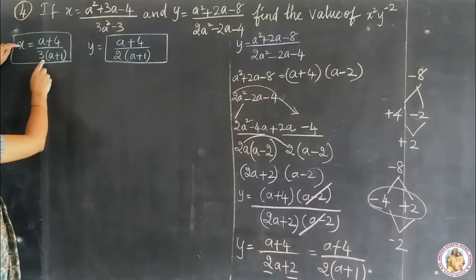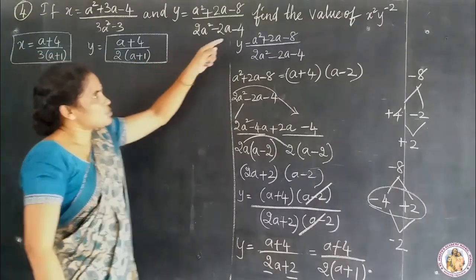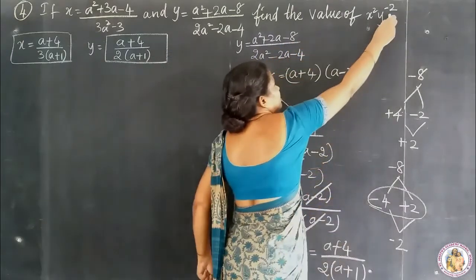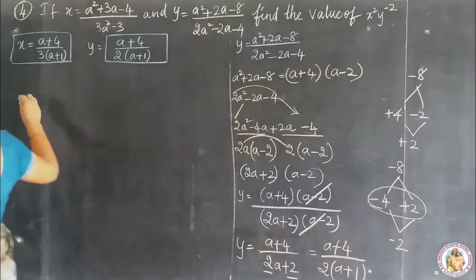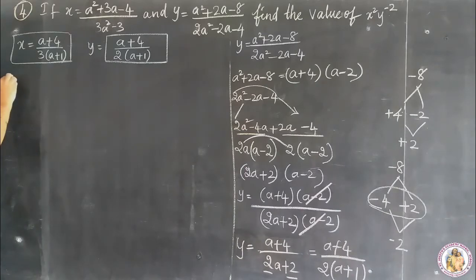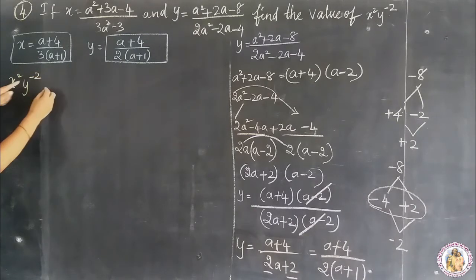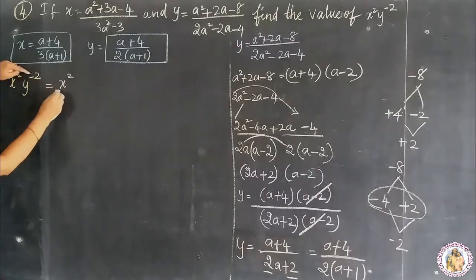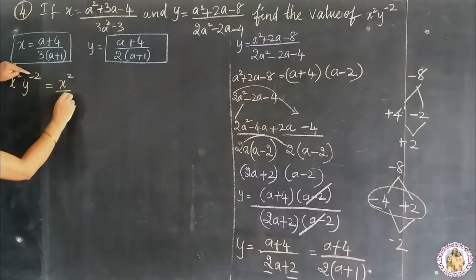Now after finding the value of x and y, we are asked to find the value of x square minus y minus 2. So write x square, if it is minus it comes under division, that is y square.